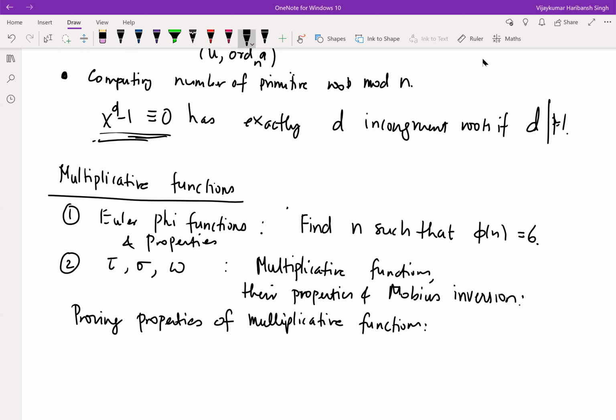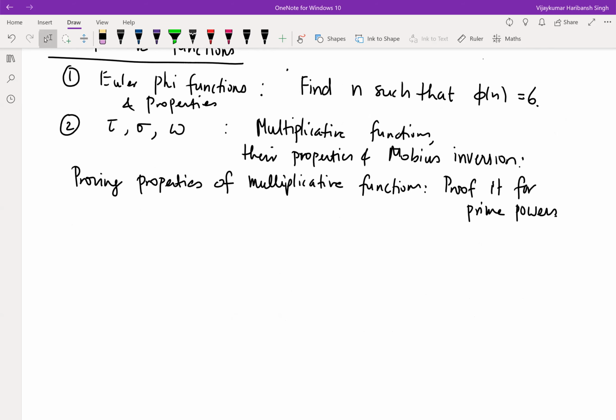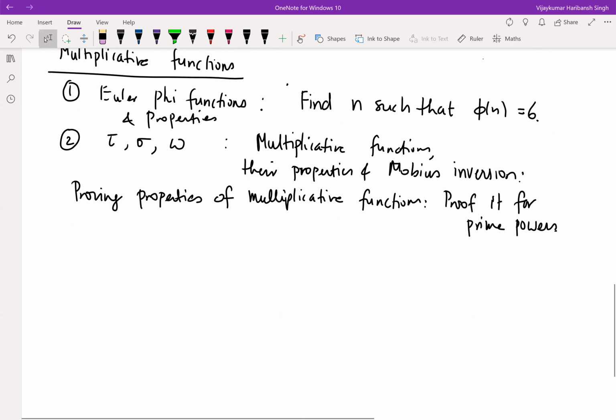Proving properties of multiplicative functions, and what you do is the following: you prove it for prime power. Then, okay, what are the other things we have discussed?